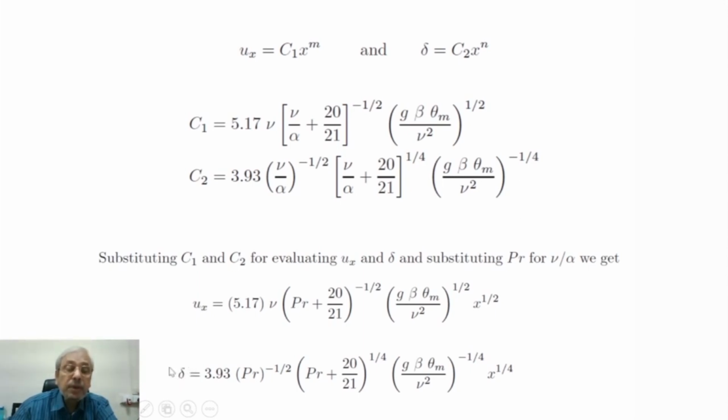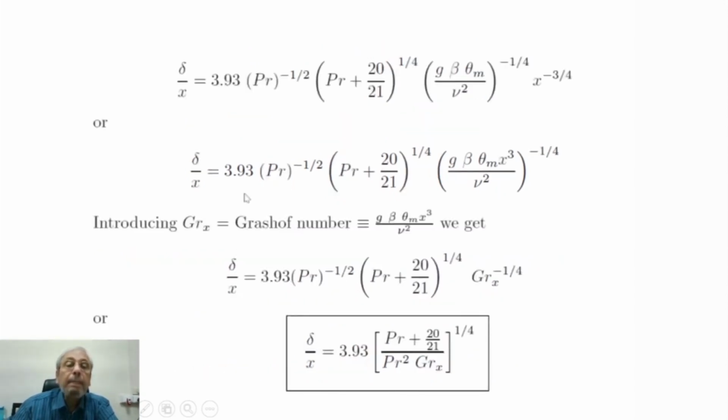Here of course, we have taken the boundary layer profile such that the thermal boundary layer and the hydrodynamic or velocity boundary layer are the same, and this is created because of thermal buoyancy.